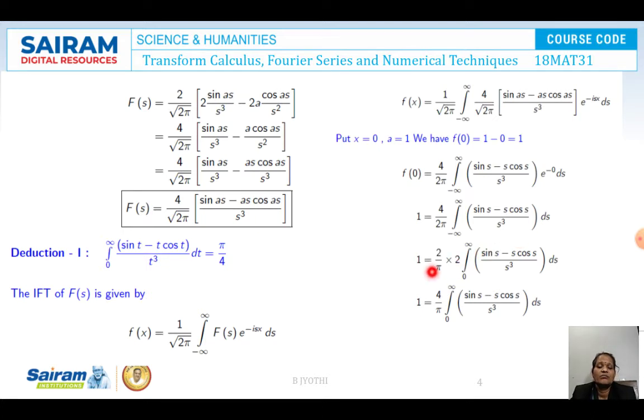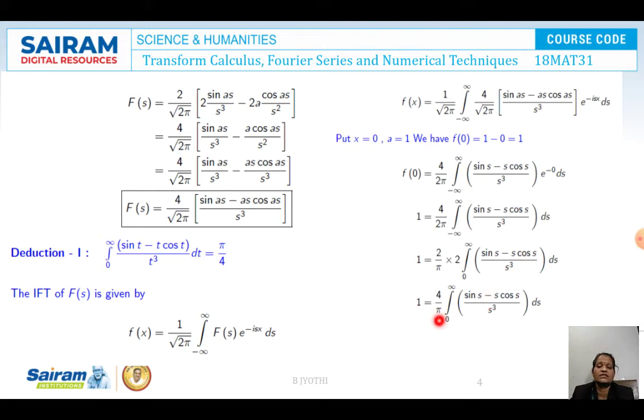So, by simplification, 2 by pi into twice of, instead of minus infinity to plus infinity, we will write it as 0 to infinity into 2. This is an even function, so we can write it as 2 into the integral from 0 to infinity of (sin s minus s cos s) divided by s cube ds.